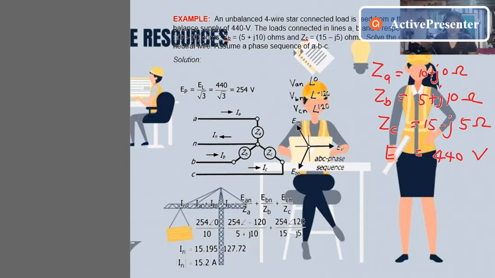So we know, as stated above, for this unbalanced load we need to divide EL by square root of 3 since we need to convert to phase voltage. Since the given 440 is the line voltage, EL divided by square root of 3, we have 254 volts in our EP.